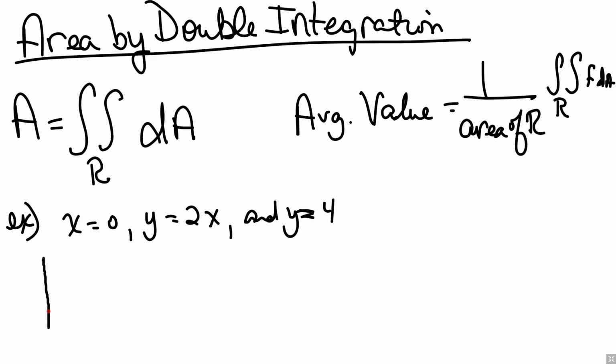We have x equals 0, which is the y-axis, and y equals 4, so we go up 4 units. Then y equals 2x is the line starting at (0, 0). If x is 1, we get 2. If x is 2, we get 4. So this is our region.